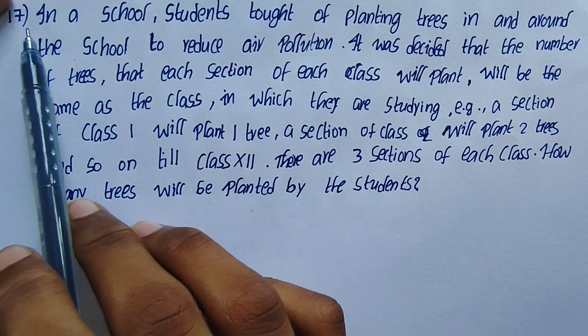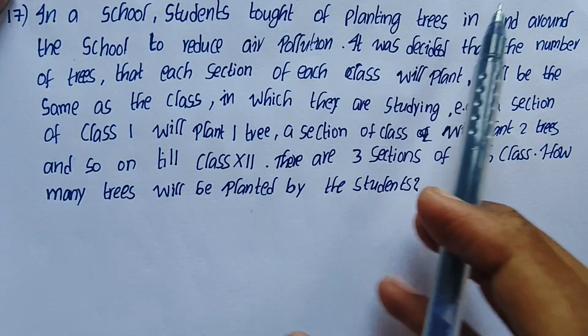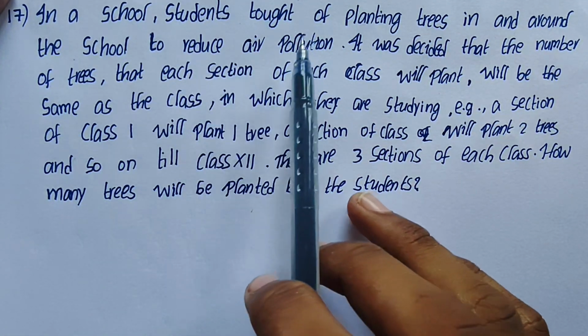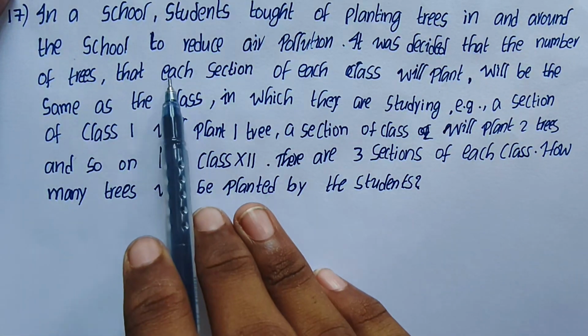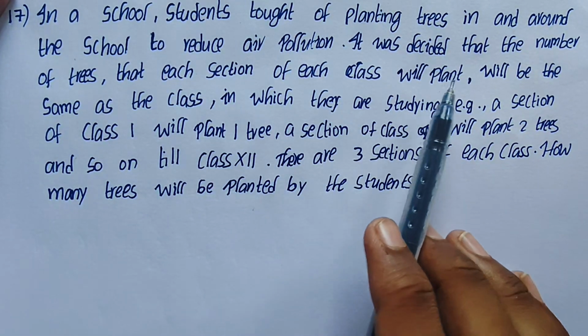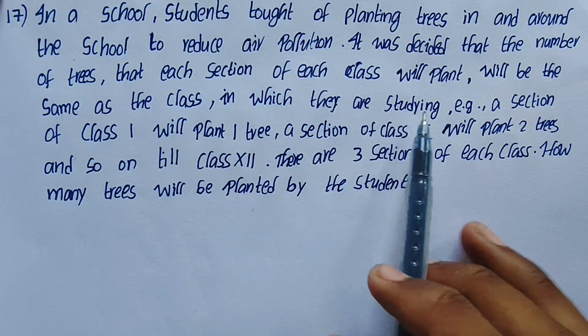So the given 17th question is: in a school, students thought of planting trees in and around the school to reduce air pollution. It was decided that the number of trees that each section of each class will plant will be the same as the class in which they are studying.